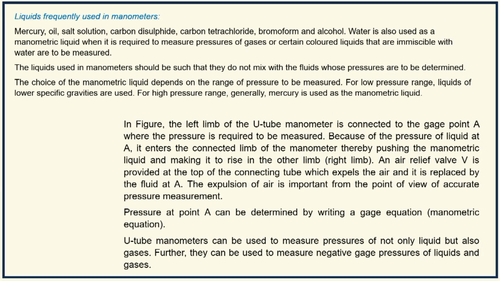So, what are the liquids frequently used in manometers? Mercury, oil, salt solution, carbon disulfide, carbon tetrachloride, bromoform, alcohol. These are all the liquids commonly used in manometers. Water is also used as a manometric liquid when it is required to measure the pressure of gases or certain colored liquids that are immiscible with water.